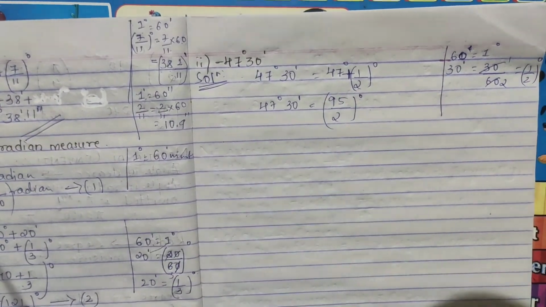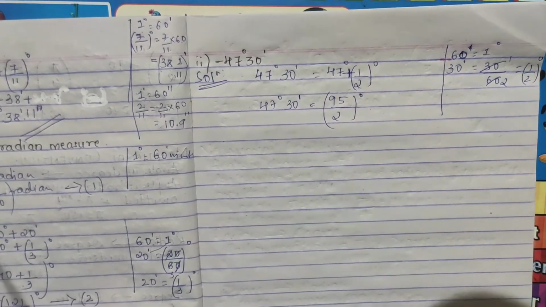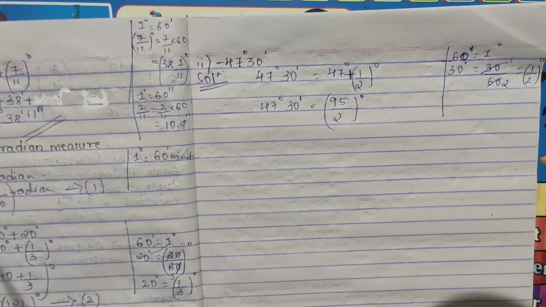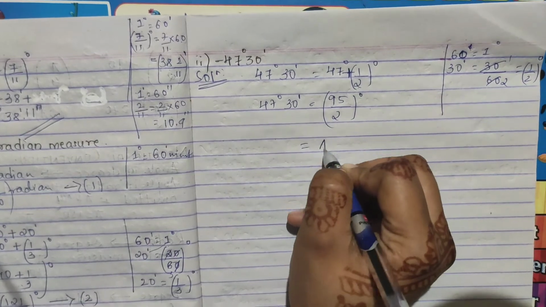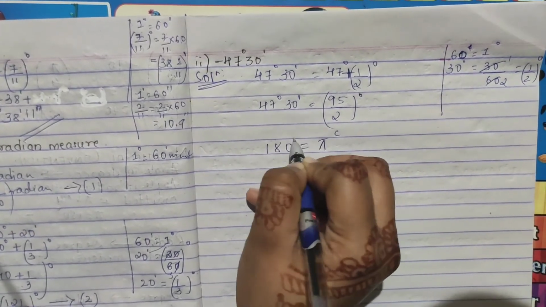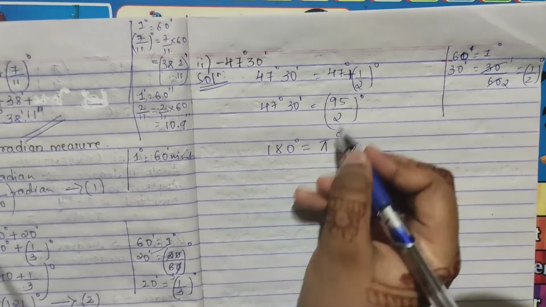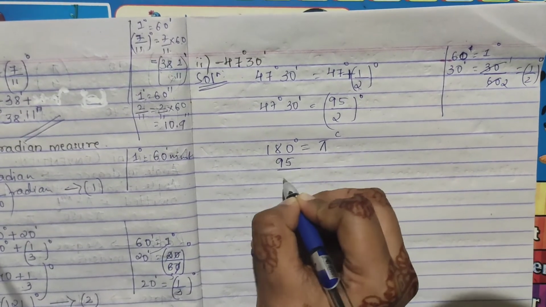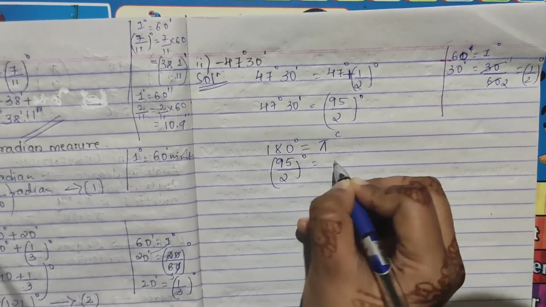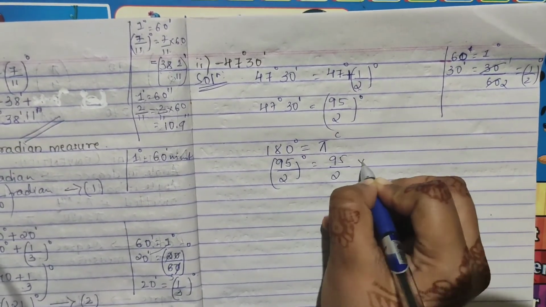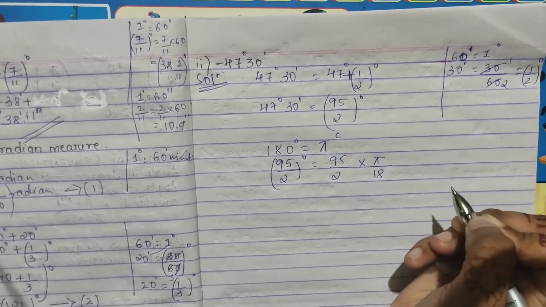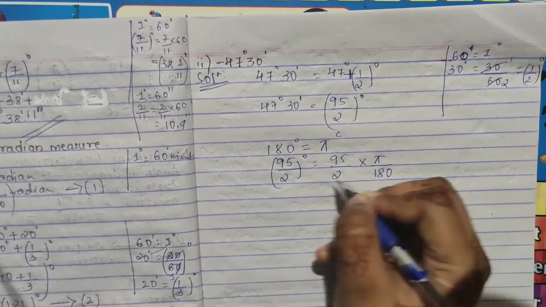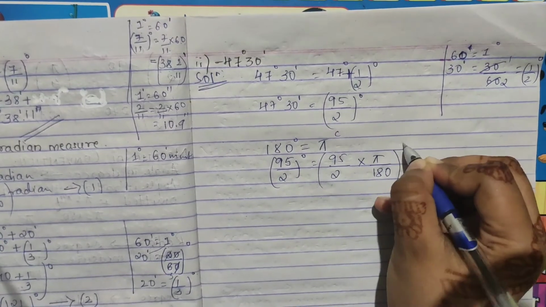First we converted. Now we know that we have to convert into radian measure, right? We know that pi radian is equal to how much? 180 degree. So for your 95 by 2 degree, how will it be? 95 by 2 into pi by 180, right? So this is into our radian.